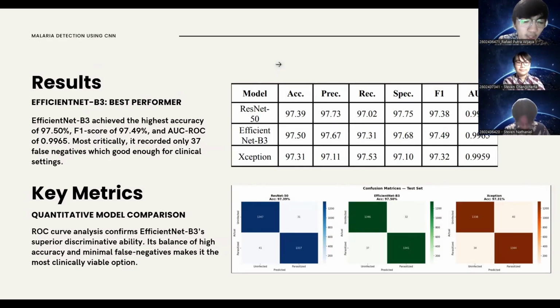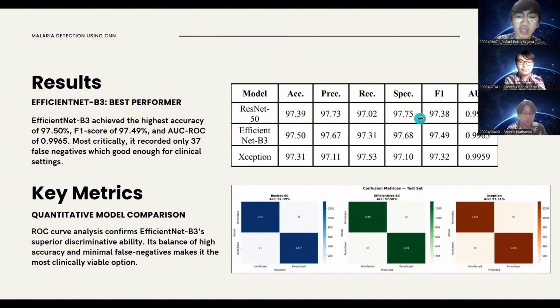ResNet 50, EfficientNet B3, and Xception all exceeded 97% accuracy on the test set, which really demonstrates how effective transfer learning with pre-trained CNNs is. That said, the ROC curve analysis confirmed EfficientNet B3's superior discriminative ability, as the combination of high accuracy and minimal false negatives made it the standout choice.